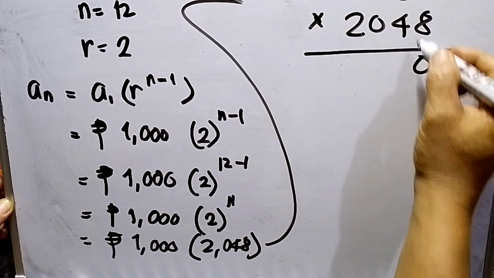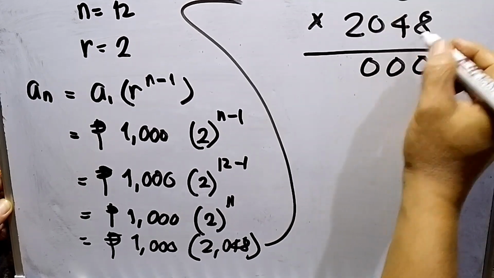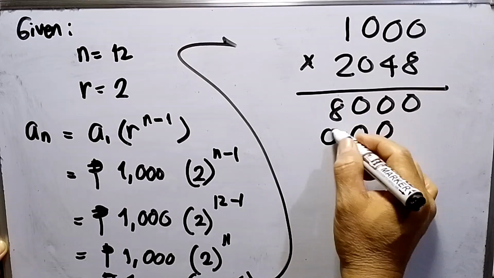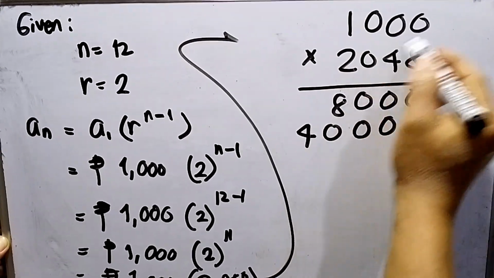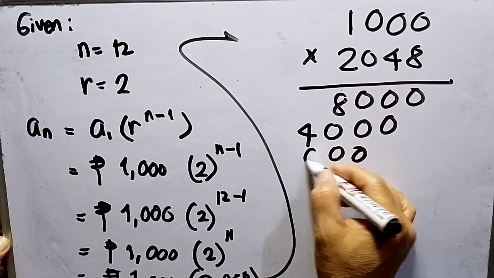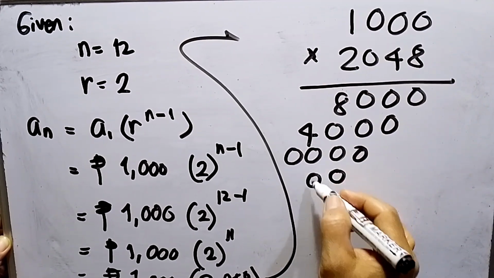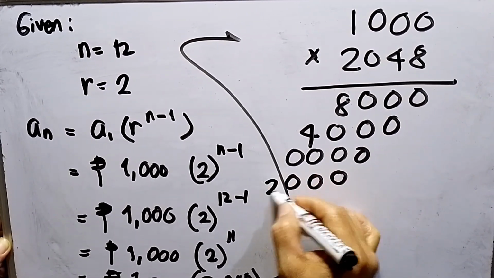So this will be 0, 0, 0, and then 8; then 0, 0, 0, 4; next is 0, 0, 0, 0; then the last will be 0, 0, 0, then 2.